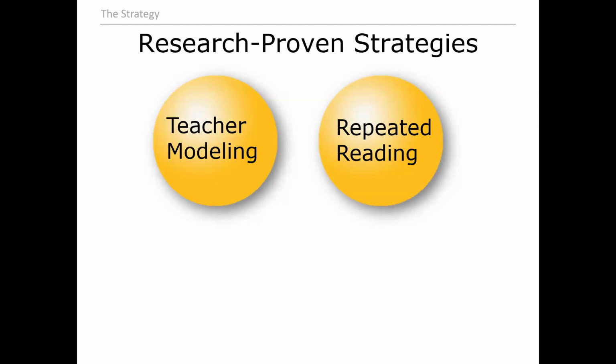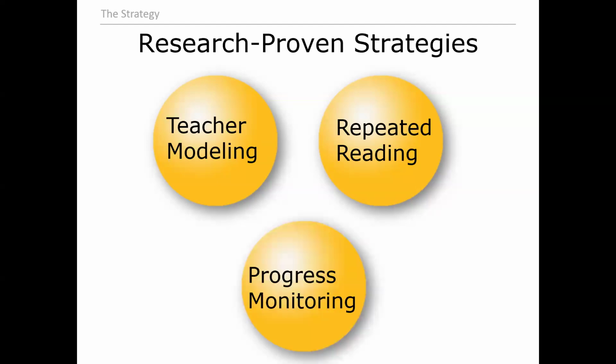The final component of our three-part strategy is progress monitoring. This is the element that combines giving students a goal to work toward and providing feedback on their progress toward that goal, which we all know is very motivating for students and adults for that matter.